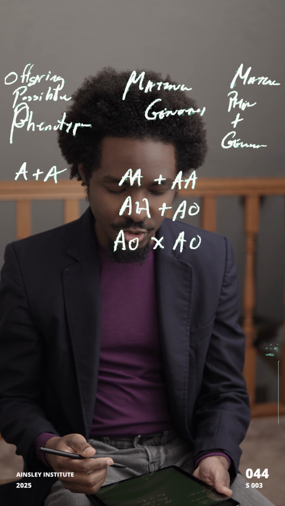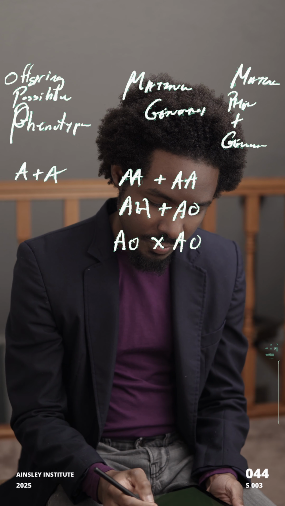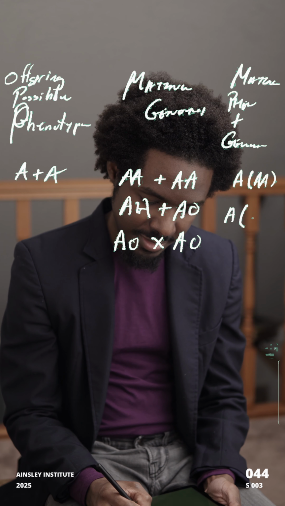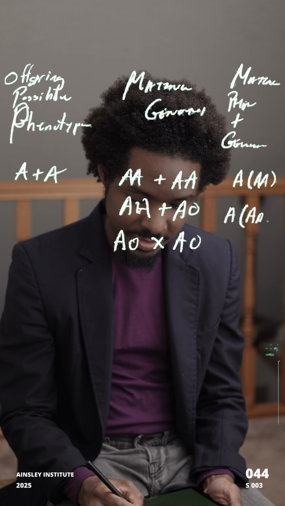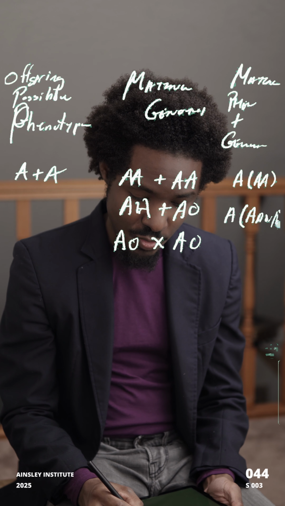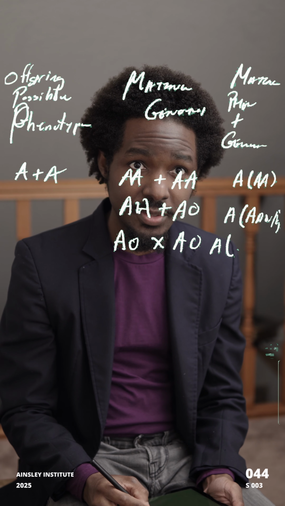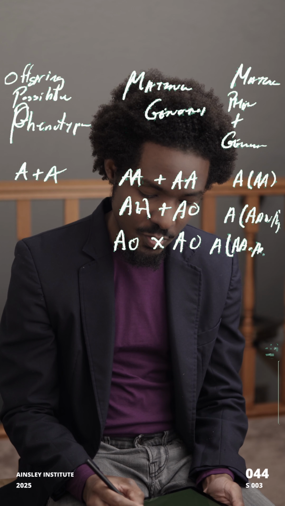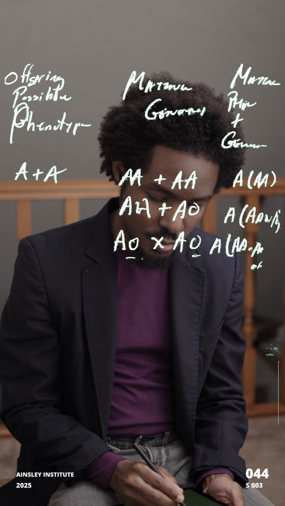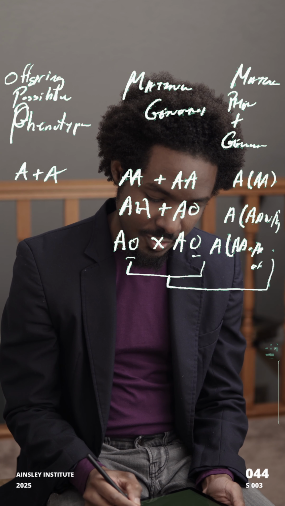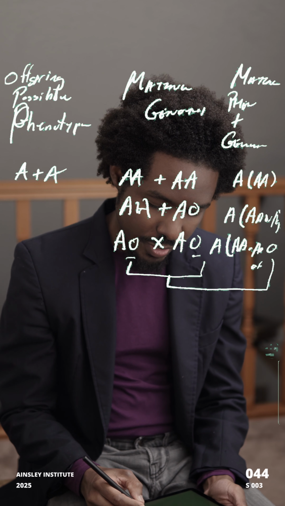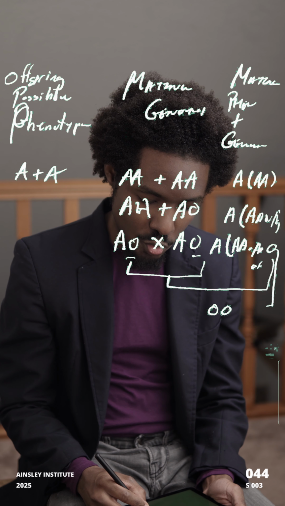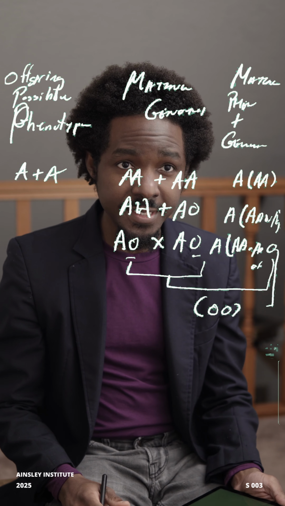So this person is A with AA, this person is also A with AA or AO, or these two O's can come together and give us a person of group O, which indicates that O can only be expressed by OO.